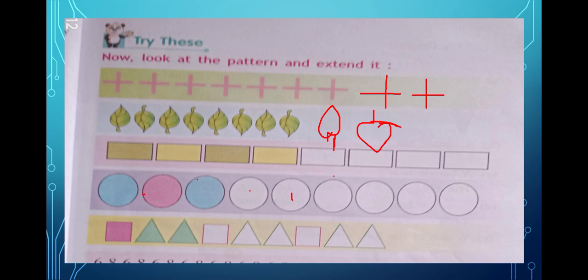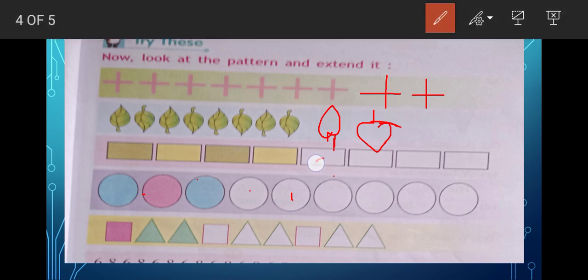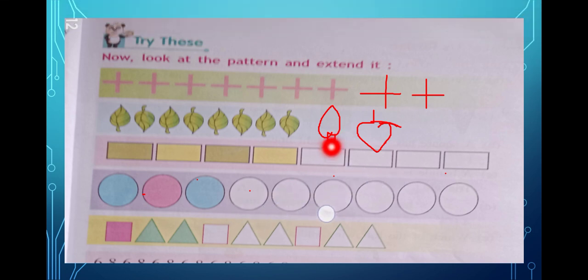I am writing G so that you will know, but I will not write it for all, because some children will write GY. Here green, here yellow, green, yellow. Now here blue, pink, then again blue. Here it should be pink, blue, pink, blue. So you are going to do the coloring in this way.